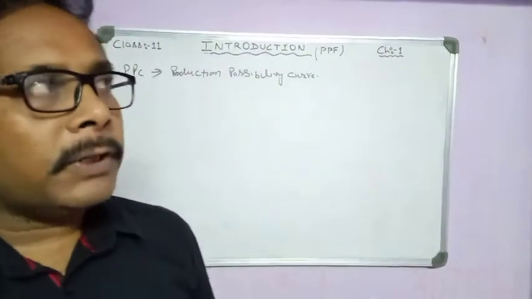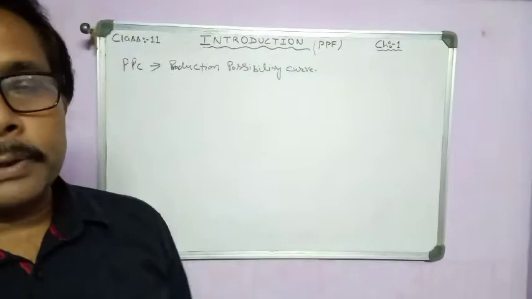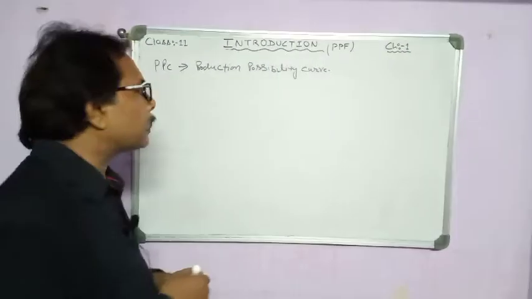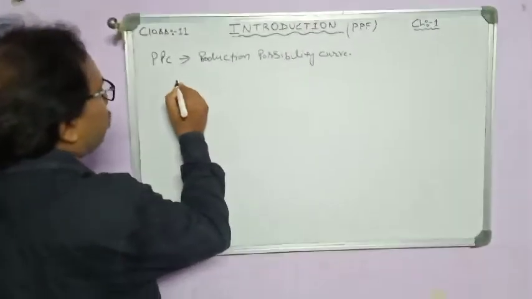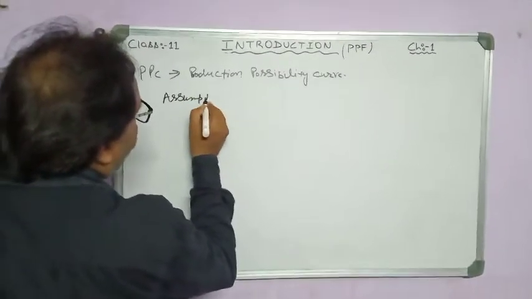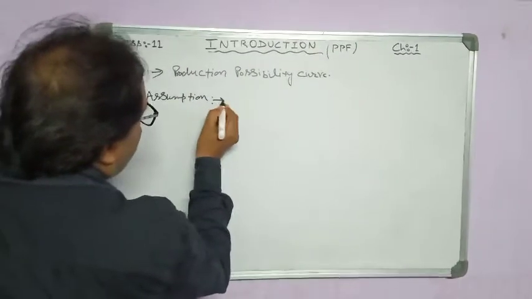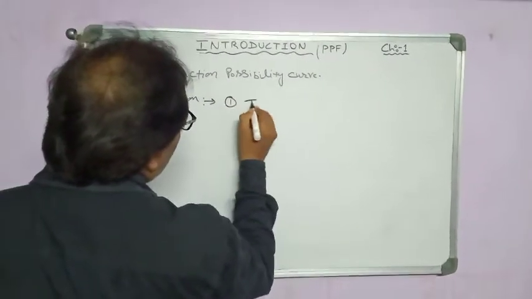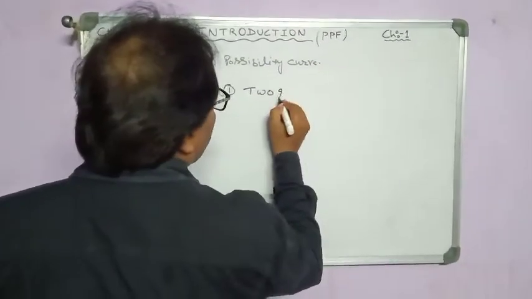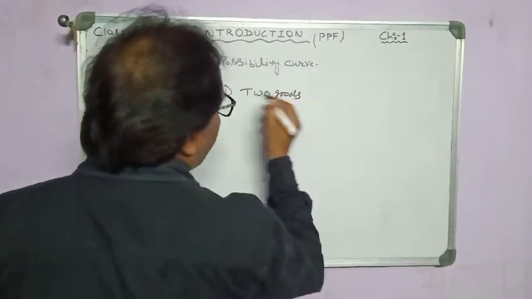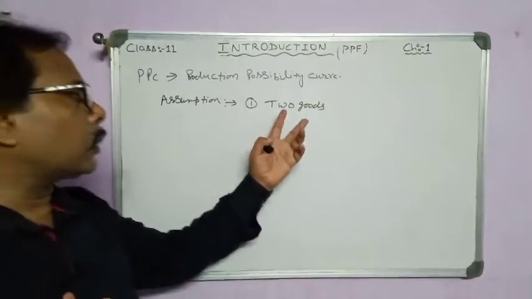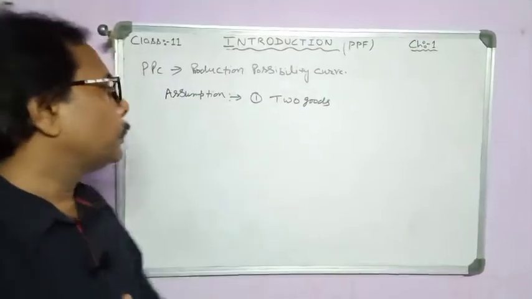Before entering the schedule and graph, according to the definition there are three main points, and these are known as assumptions. So what are the assumptions? First assumption: two goods. With more than two goods, it is very difficult to plot in the graph, so the goods must be two.